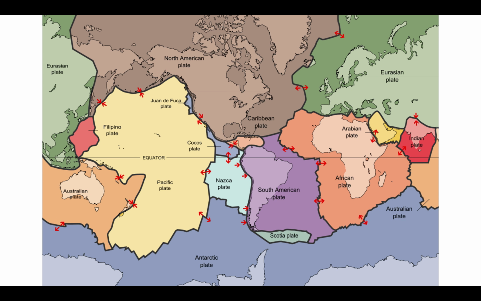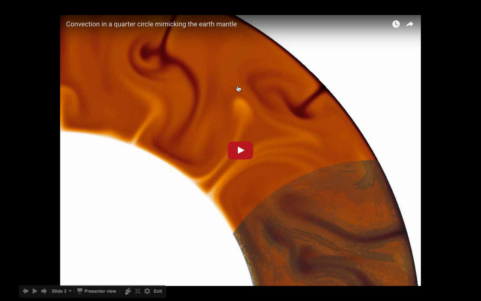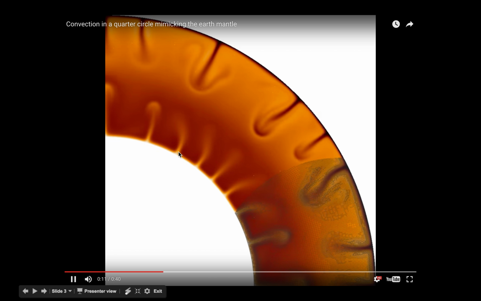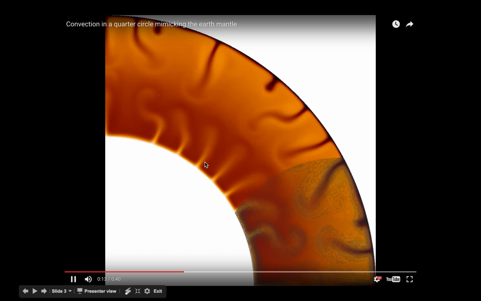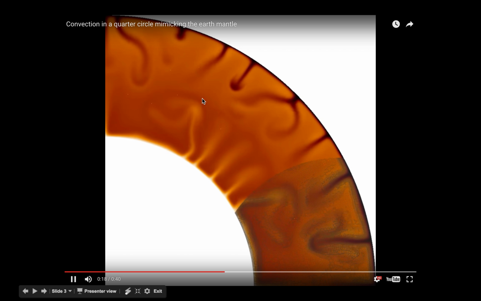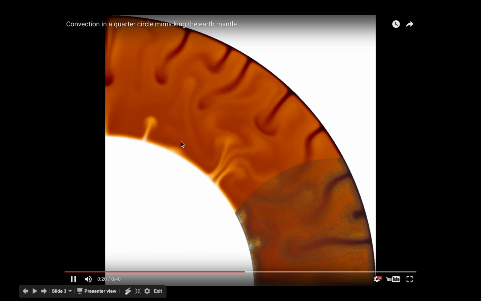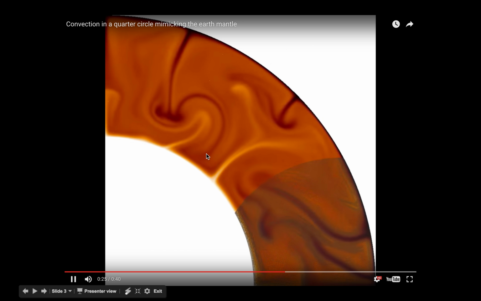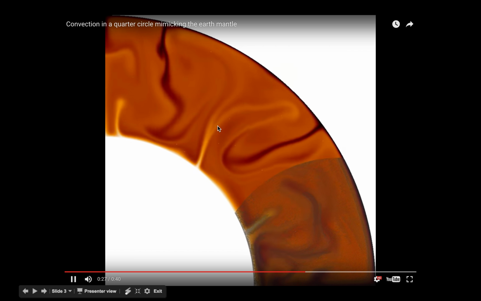So, as you remember, the driving force behind the plates actually moving is just simple convection, right? So you've got the outer core here, which heats up the lower mantle. And remember, this is all solid rock. It's gooey because it's warm, but it's not melted. And so this heat from the outer core gets transferred up. Remember, brighter means hotter.